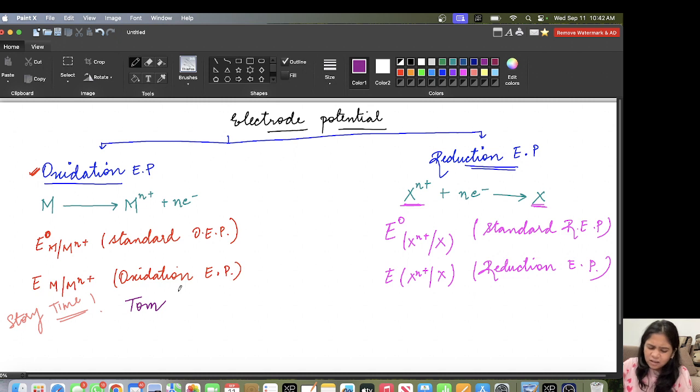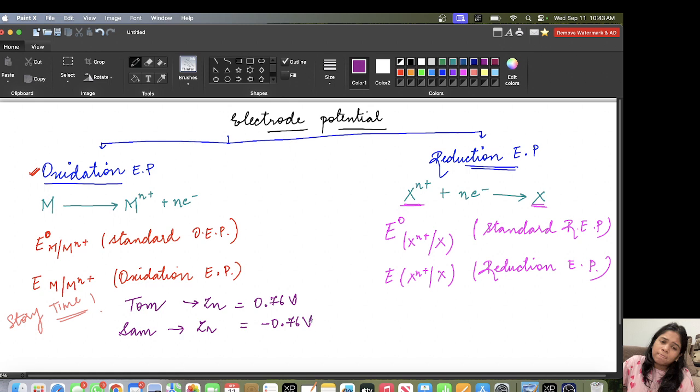He says that the electrode potential of zinc is 0.76 volt. Now if I ask Sam, Sam says that no, the electrode potential of zinc is minus 0.76 volt. Now what is this confusion? Someone is telling me 0.76 volt, someone is telling me minus 0.76 volt. There is some kind of confusion, right?